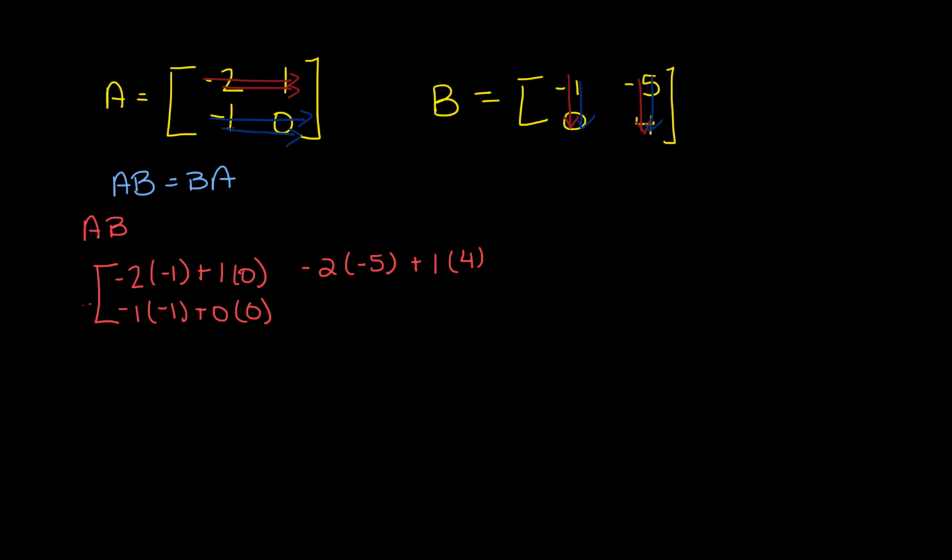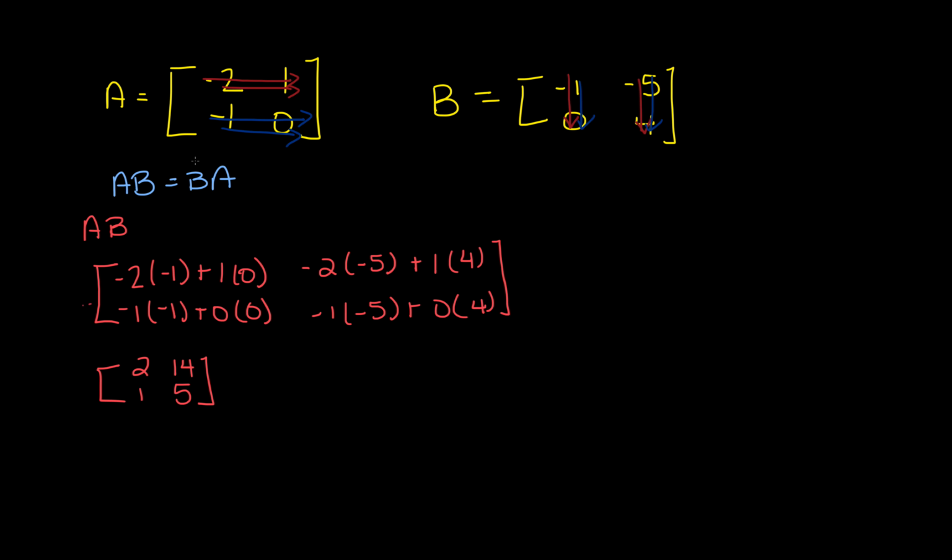All right, so the next one is going to be negative 1 times negative 5 plus 0 times 4. Okay, looking to see what we're left with here, we're going to get 2 in the 1, 1 location, 1 in the 2, 1 location, 14 in the 1, 2 location, and 5 in the 2, 2 location.